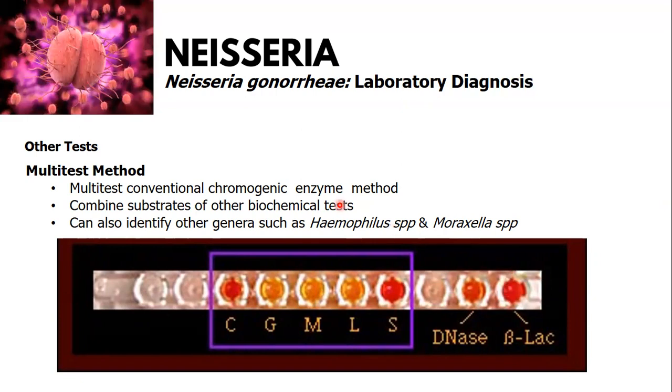And take note that aside from identifying Neisseria gonorrhoeae from clinical specimens, we can also use this multi-test method to identify other genera of bacteria, such as Haemophilus species and Moraxella species.